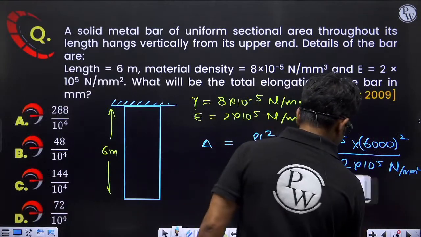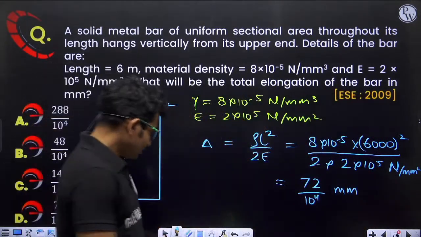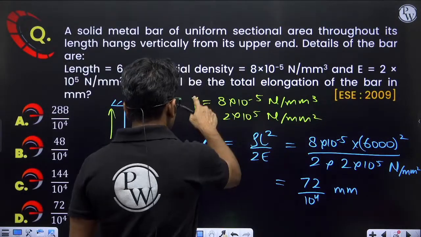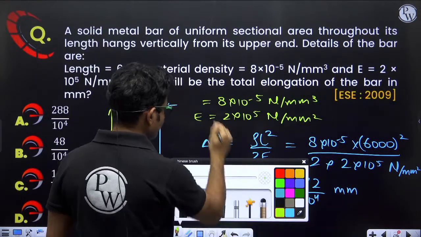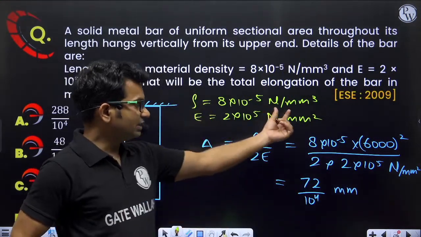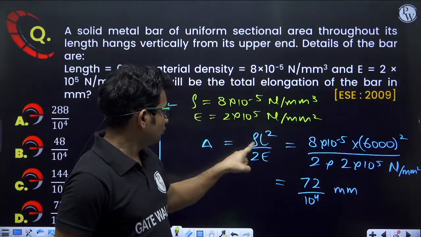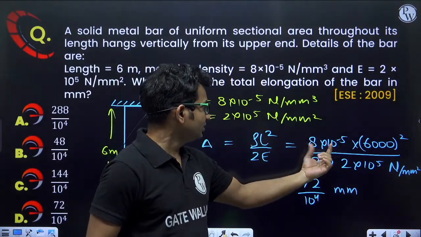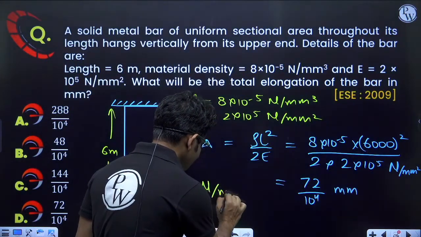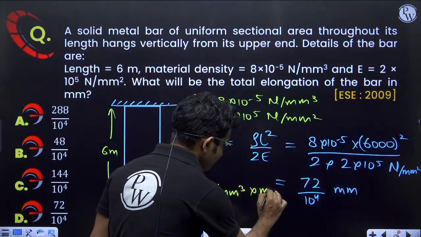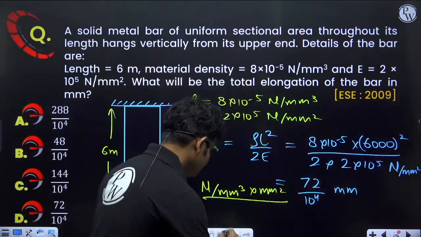Sorry, not Newton per mm square. We will be getting it in mm. Now here this will be rho only. If you match the units, this is Newton per mm cube, into mm square, divided by E, Young's modulus, Newton per mm square.